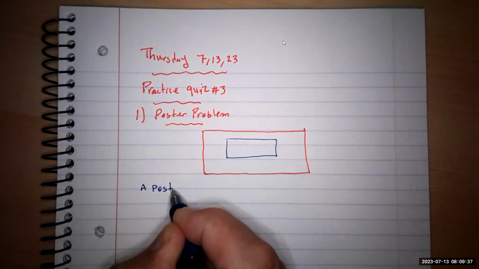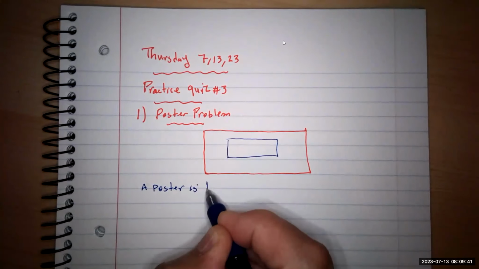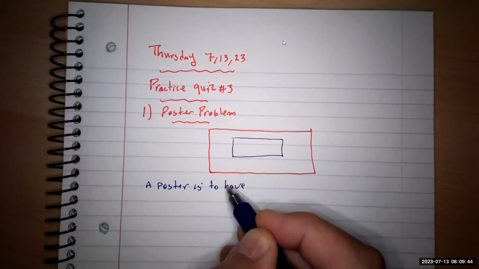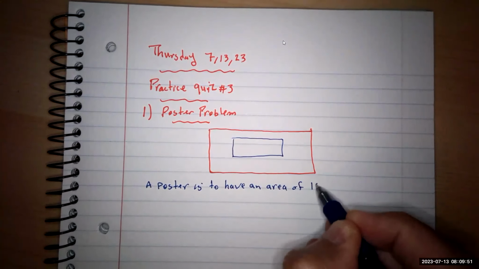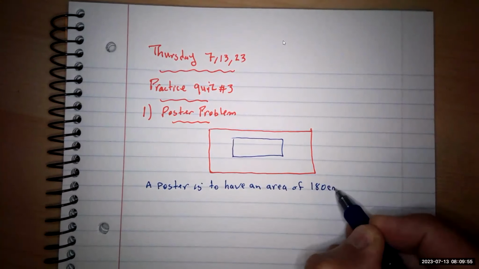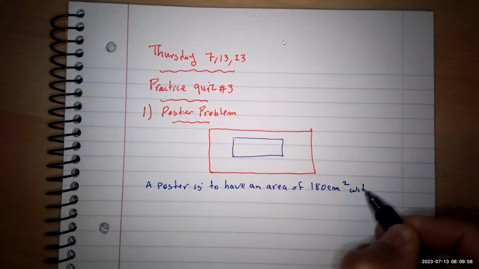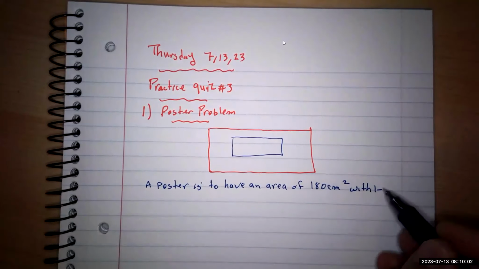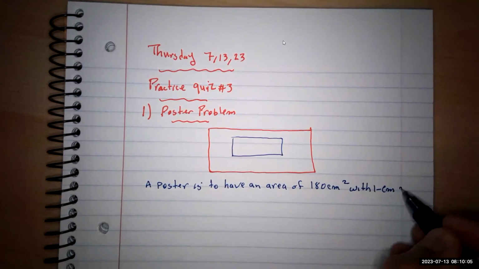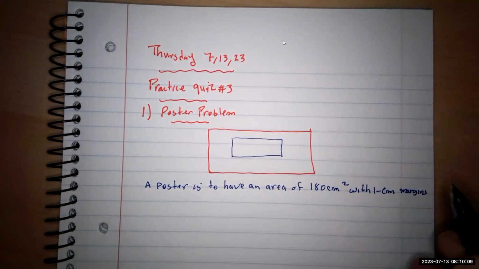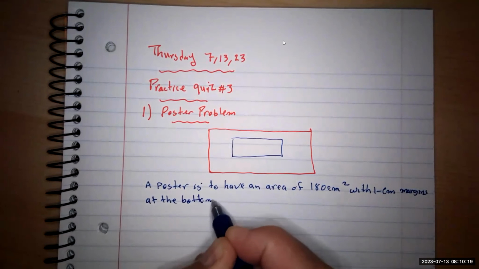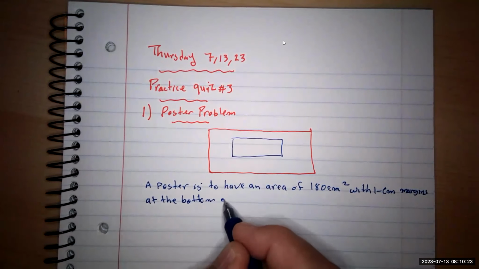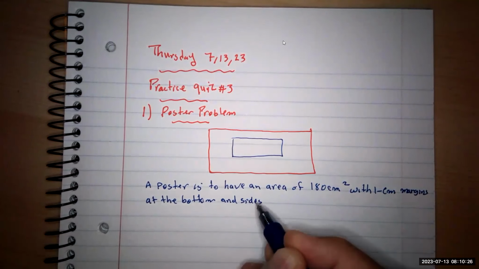A poster is to have an area of 180 square centimeters with 1 centimeter margins at the bottom and sides.